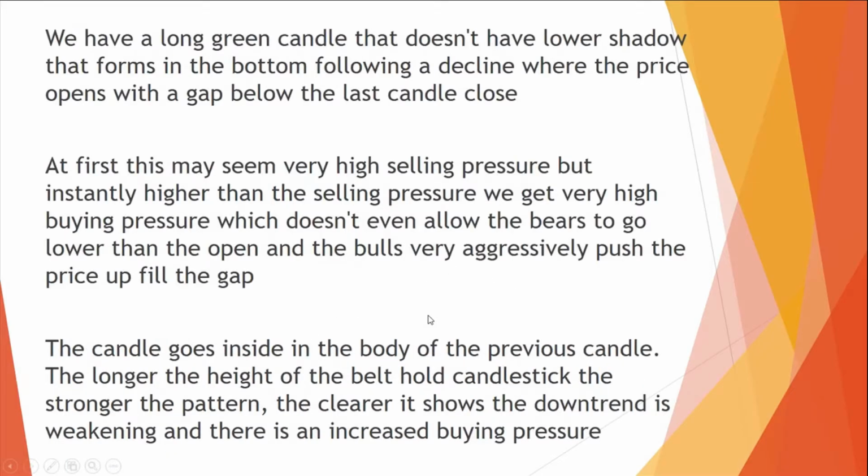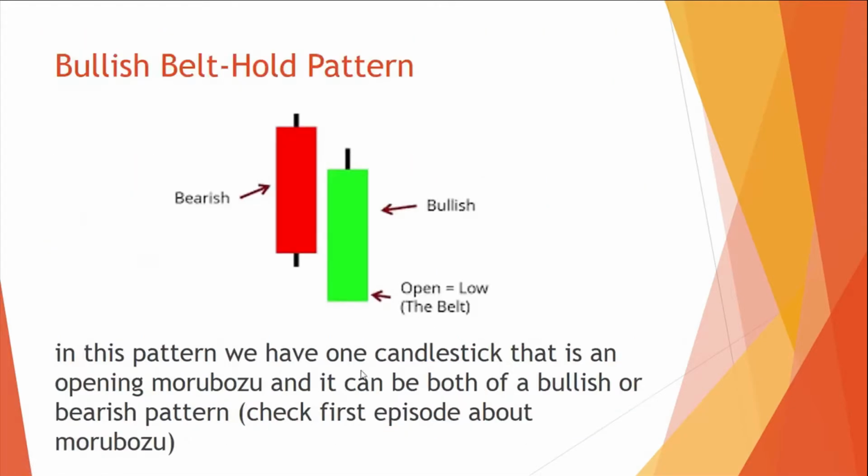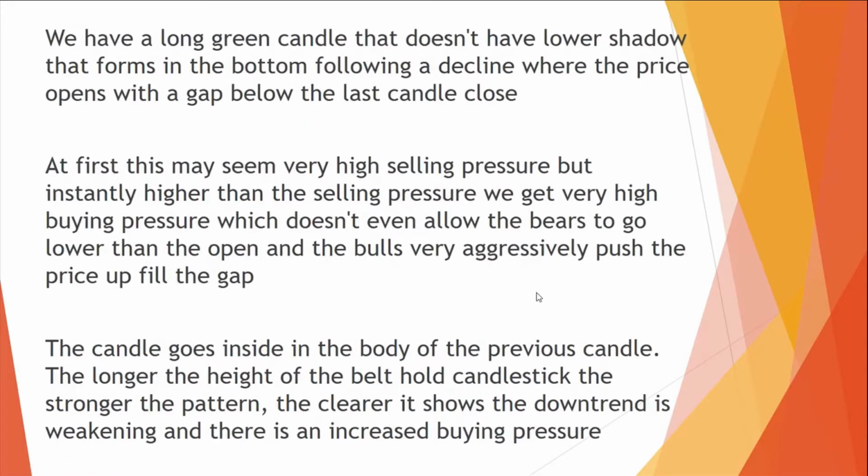We have a long green candle that doesn't have a lower shadow. This long green candle with no lower shadow forms at the bottom following a decline, where the price opens with a gap below the first candle's close.